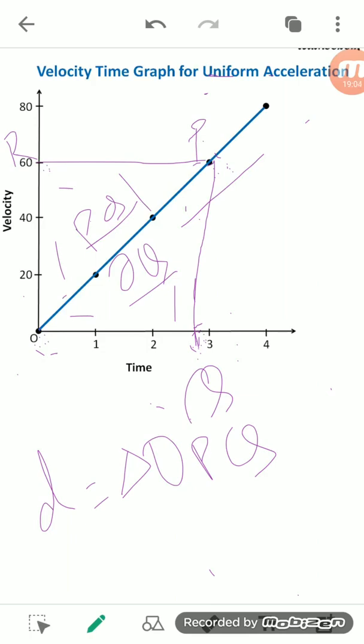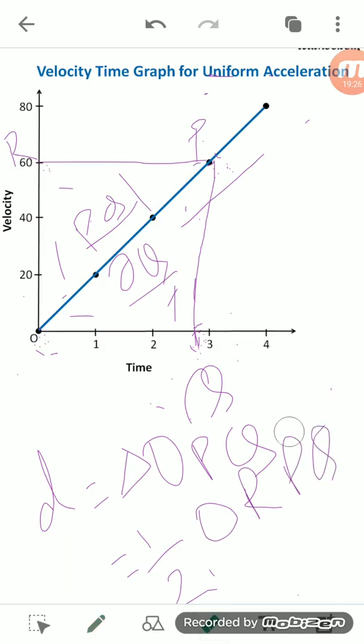When we join these two triangles, you will see this is a rectangle. So OPQ is half of the rectangle. We can also write it as half of the area of rectangle ORPQ.